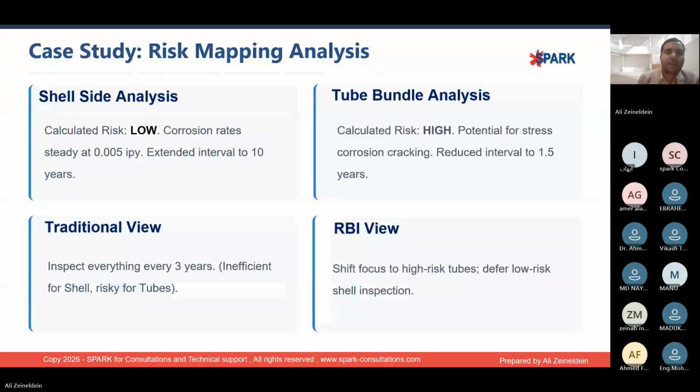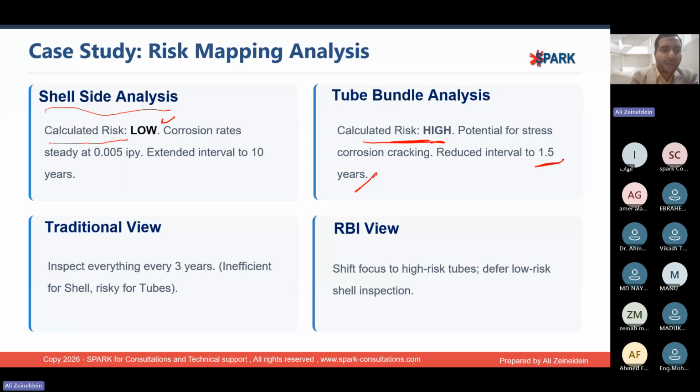Okay. For each part, the risk mapping analysis started with the shell side analysis, where the calculated risk based on the probability of failure and the consequence of failure is found to be low. And for the tube bundle the calculated risk is high. Here they reduce the interval from 3 years to 1.5 years.